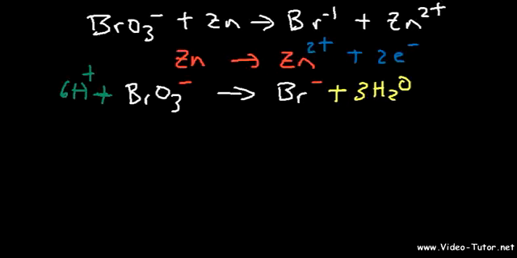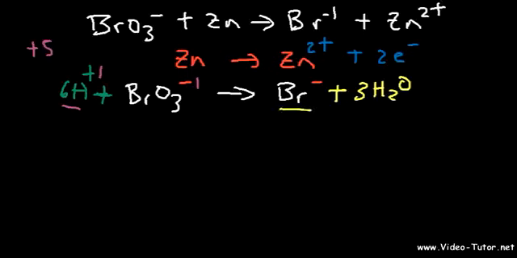Now the atoms are balanced, so we need to look at the charges. The total charge on the left side is 6 times 1, which is +6, and then we add the -1 on bromate. So 6 minus 1 is a total charge of +5 on the left side.